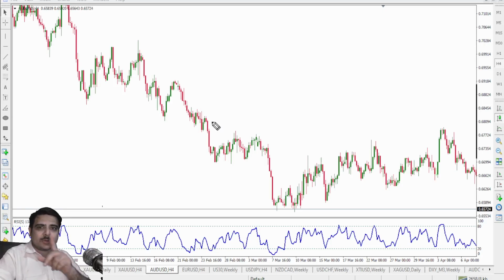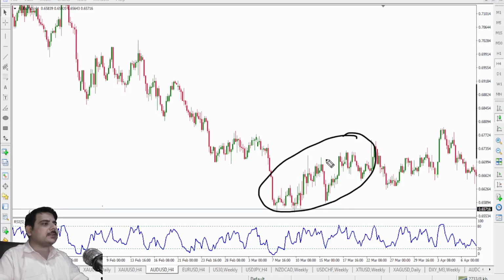So for now, one important thing: if I want to trade in this whole zone, how will I take a trade? First of all, I have to see that from up there the market dropped till here. So the first thing, if I say I'm going to sell, I will tell myself, no my friend, don't sell right now.